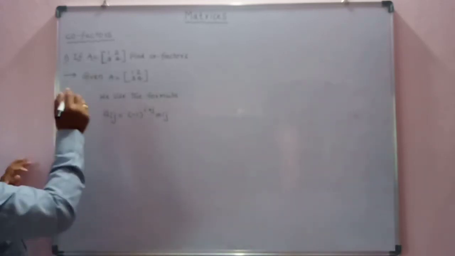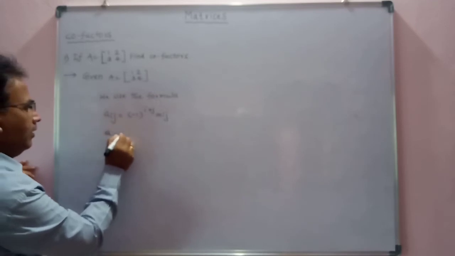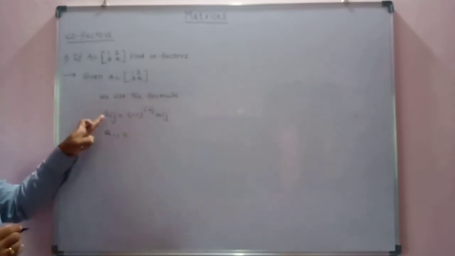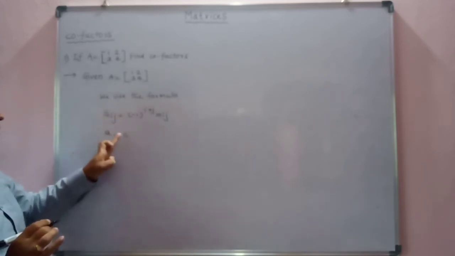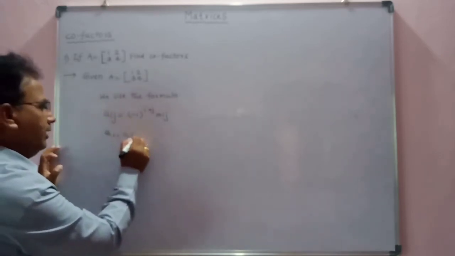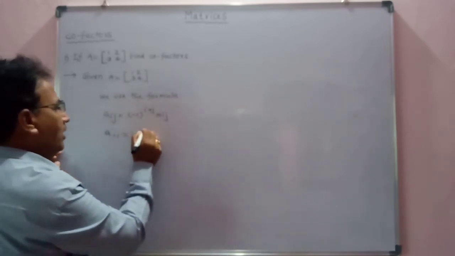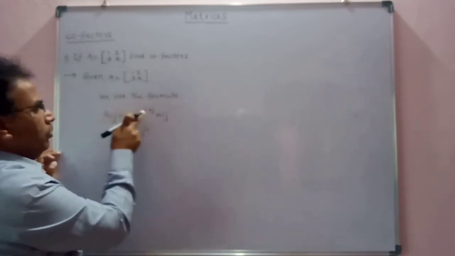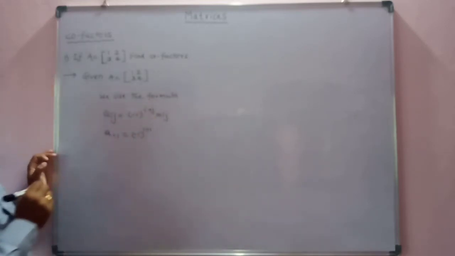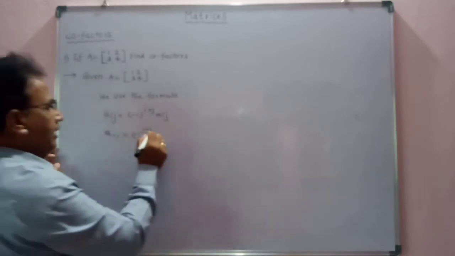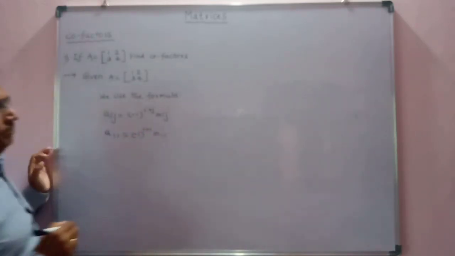Therefore, the first cofactor a11 equal to, i means row, j means column, first row, first column. We take minus 1 raised to i plus j, where i is 1, the first row, and j is 1, the first column. So i plus j means 1 plus 1 into m11.